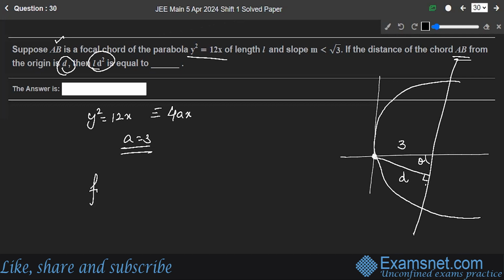Focal chord length is given by, you have a formula for that, 4a into cosec square theta, cosecant square theta. So L is equal to 4 into 3 into cosecant square, which is perpendicular upon hypotenuse, right?